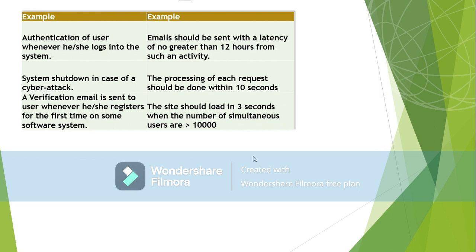It should shut down immediately. So these are the kind of requirements which can come to you from the business. And another example can be that somebody is registering, so a verification mail should be sent, so that we are aware that whatever email they are giving, or as the recovery email, that's a valid email.